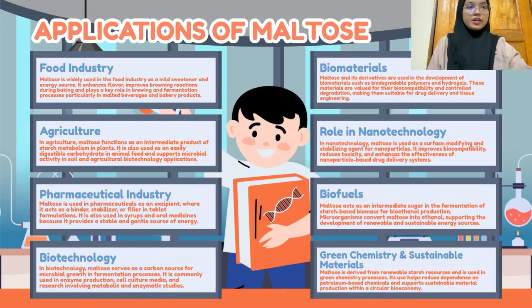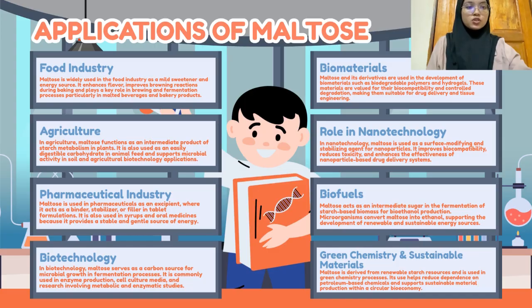Next, there are several applications of maltose. Firstly, maltose is used in brewing and fermentation processes. Maltose also functions as a carbohydrate in animal feed and supports microbial activity in soil. It is also used in oral medicines because it provides stable energy. Maltose serves as a carbon source for microbial growth in fermentation.